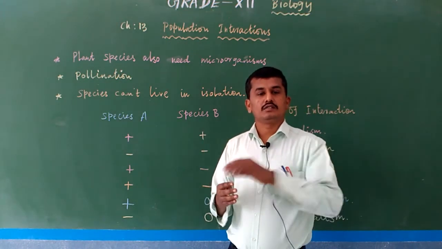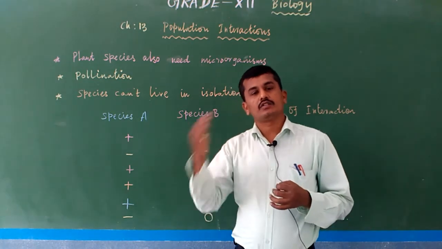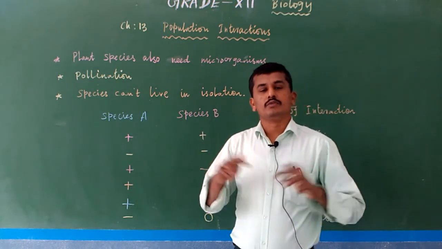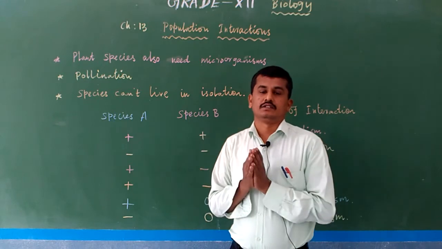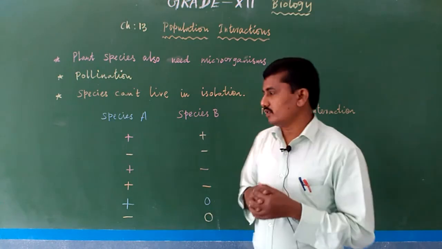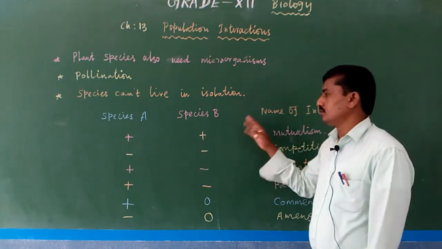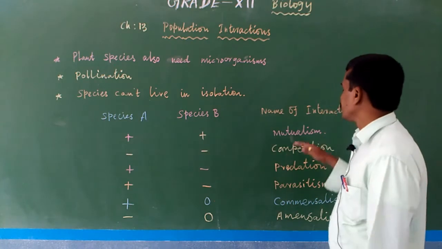So algae give something to the fungi and fungi also give something to the algae. Two organisms mutually interact and get benefited from each other. Species A gets benefited, species B also gets benefited. This type of interaction is nothing but mutualism.